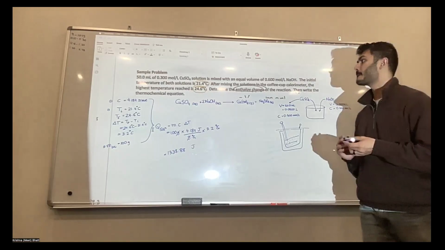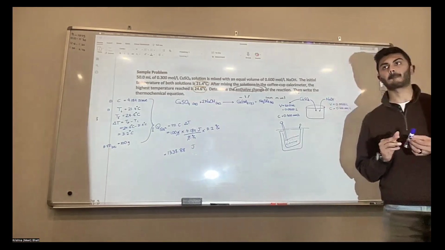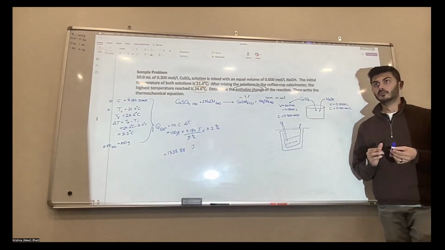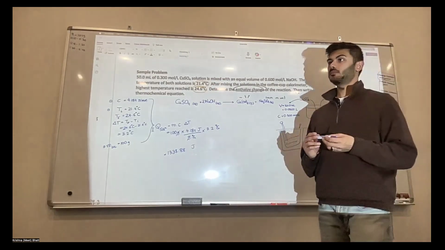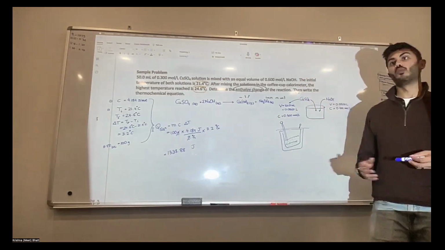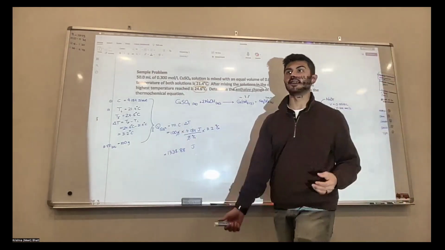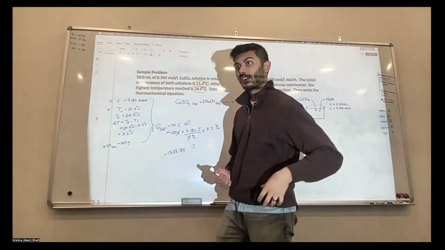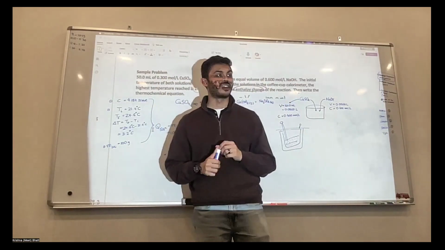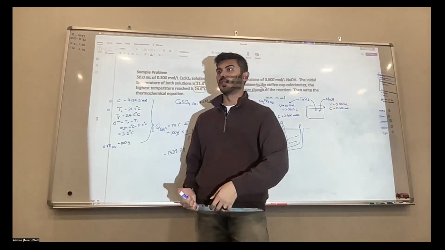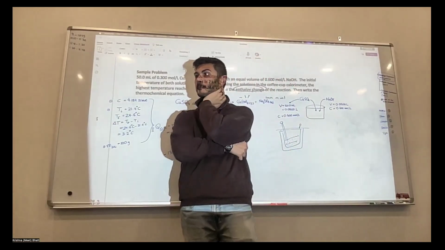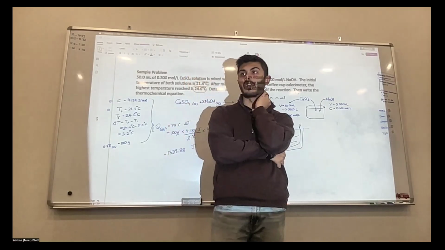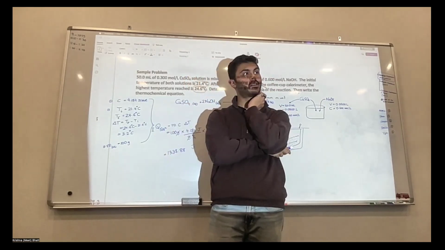No, I don't use that. Why did I do the whole process of finding the heat of the solution when that's not what I wanted? I wanted the heat, or enthalpy, of the reaction. But why am I doing the solution part over here? Are they related somehow? Yes. What's the relationship?